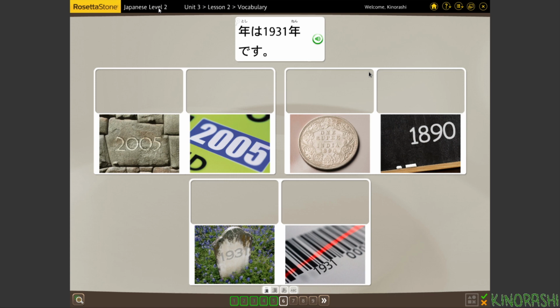Let's see, nen, onyomi and kunyomi. Let's see which is which. Not every kanji symbol has both onyomi and kunyomi pronunciation.